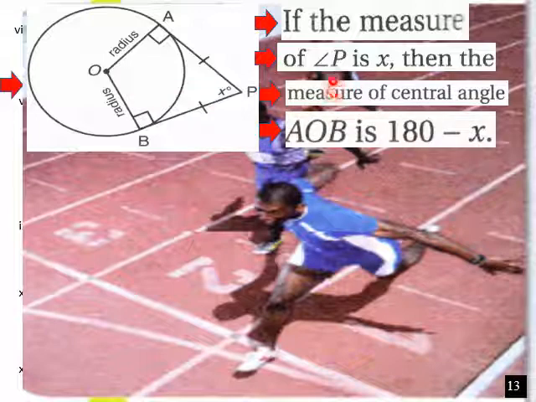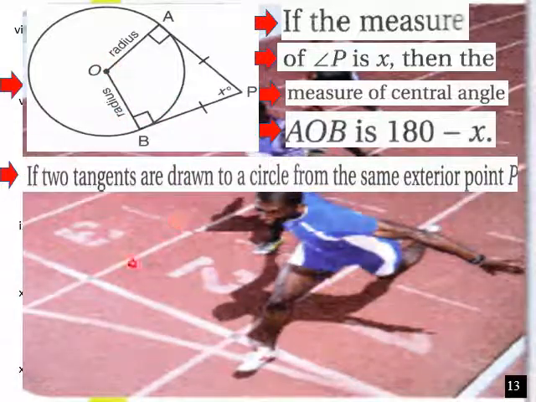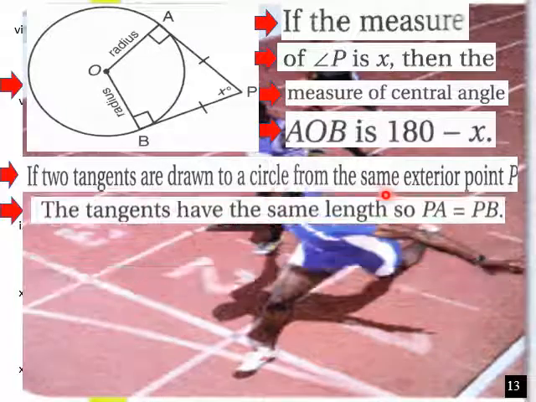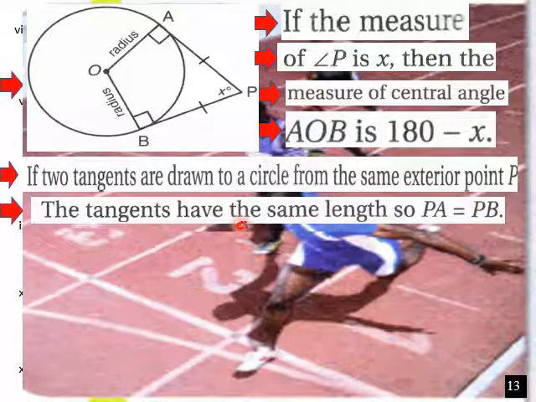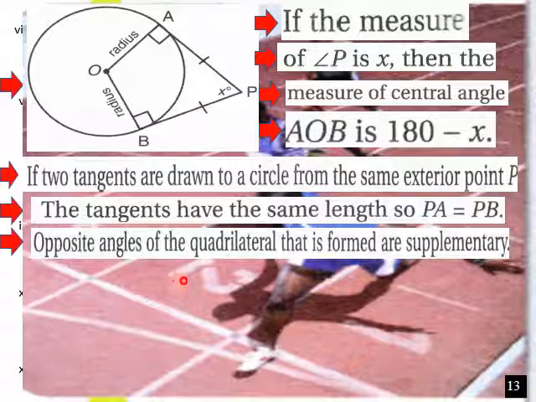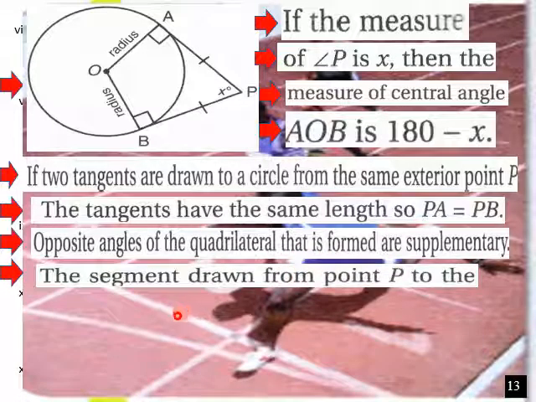If two tangents are drawn to a circle from the same exterior point P, the tangents have the same length, so PA equals PB, marked here by these congruency marks. Opposite angles of the quadrilateral that is formed are supplementary.